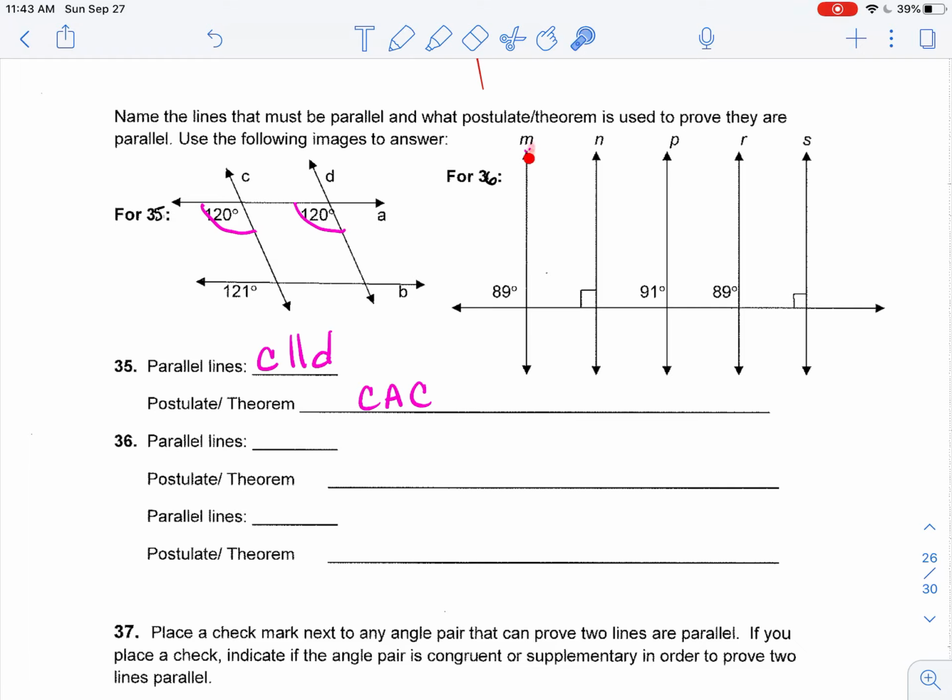Now in 36, I've got a couple. I can look at line M, which has an angle here of 89. Line R also has an angle here of 89. Those two would be in corresponding positions, and so I can say that M is parallel to R by the corresponding angles converse.